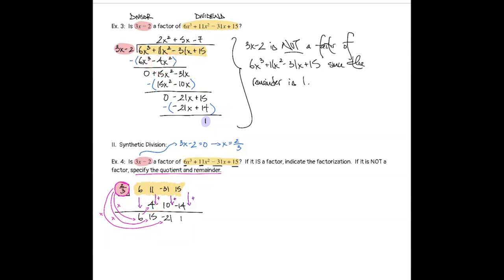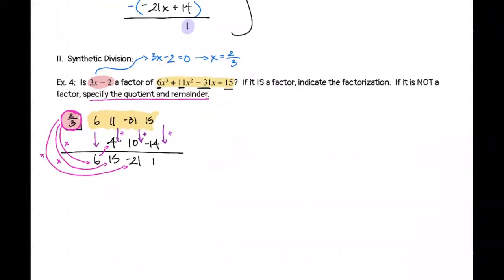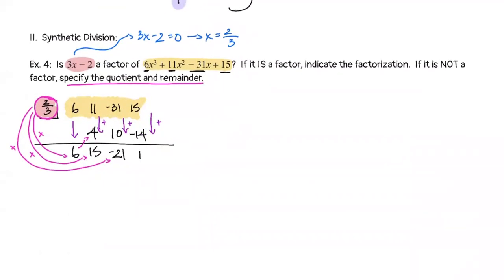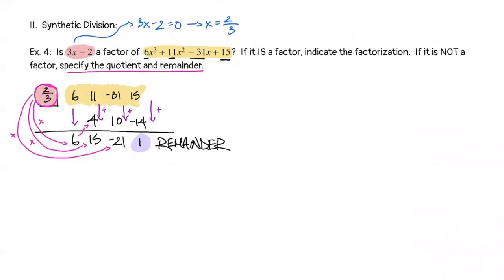Okay. This 1 on the end, that's our remainder. That very last number is our remainder, right?